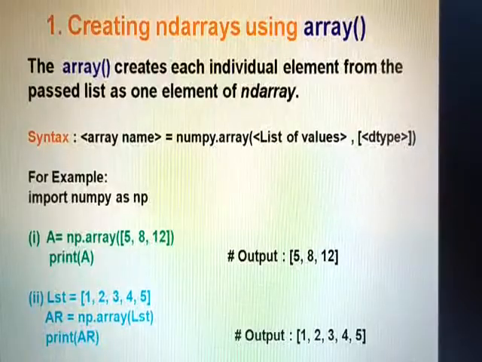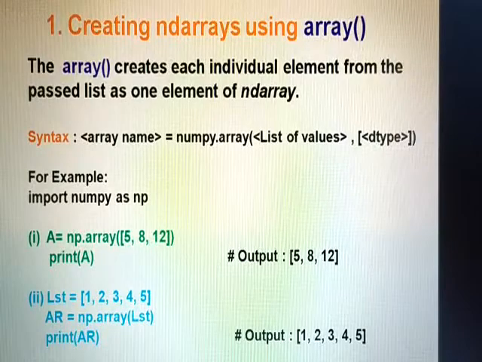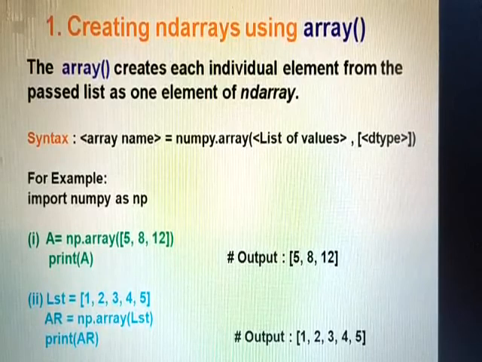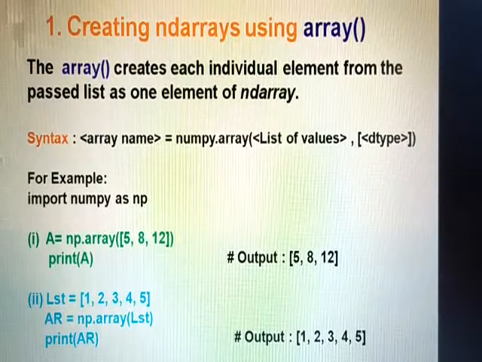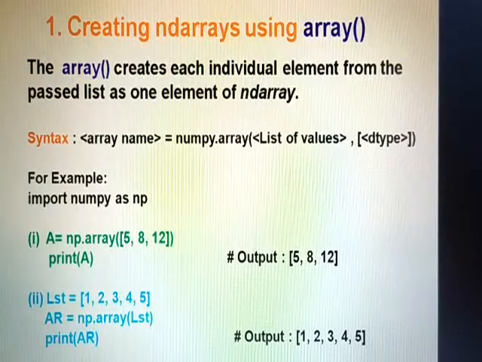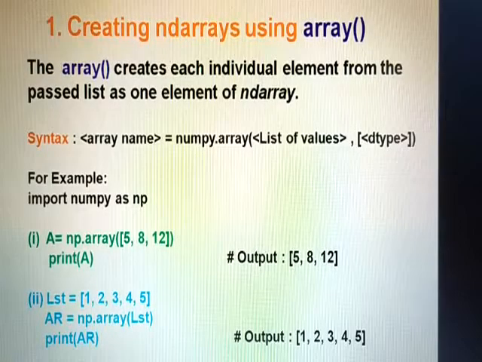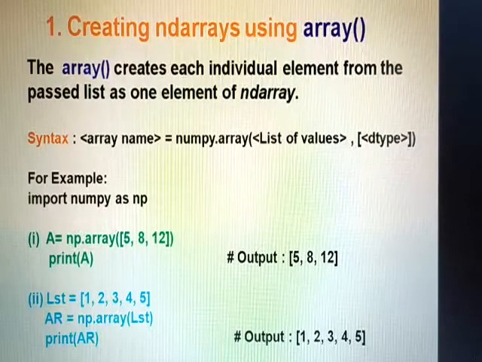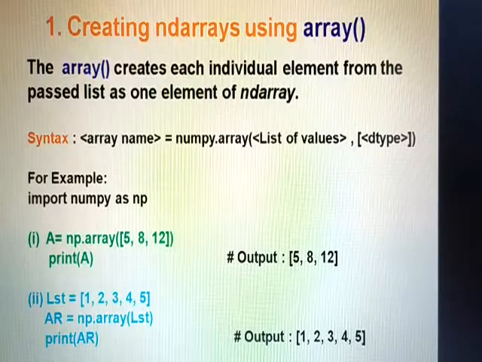Now creating ND arrays using array function. The array function creates each individual element from the passed list as one element of the ND array. That means this function takes a list of elements as an argument and returns a one-dimensional array.